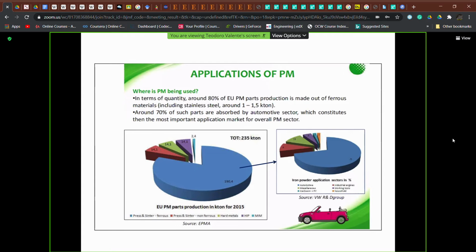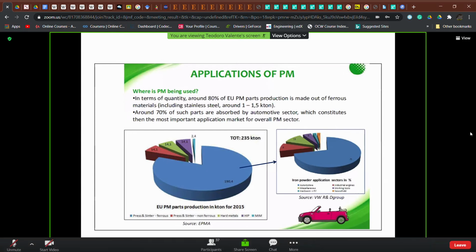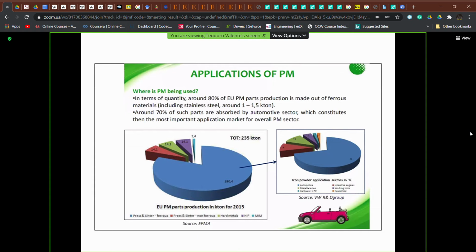As I told you, as you can see here, around 80% of European powder metallurgy production is made by using iron-based alloys, and more or less 70% of components are for application in automotive sectors, which is actually the most important application market for the overall powder metallurgy sector.